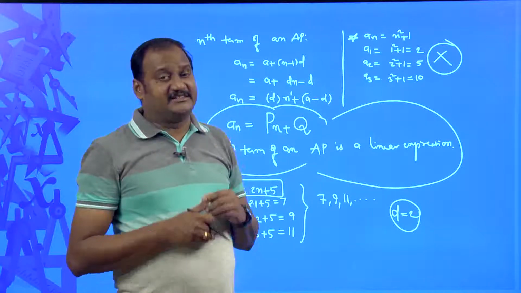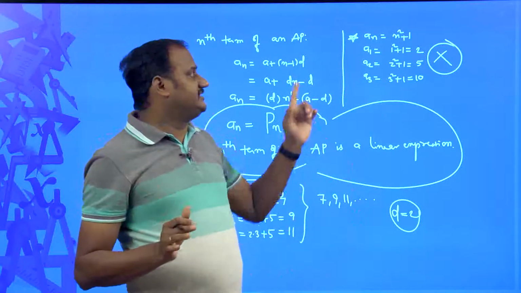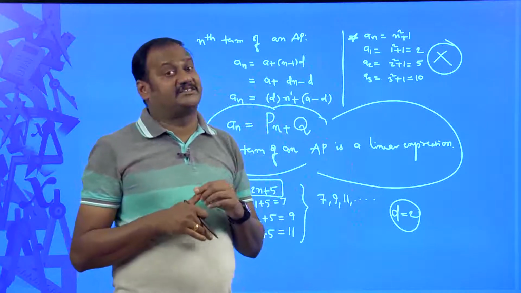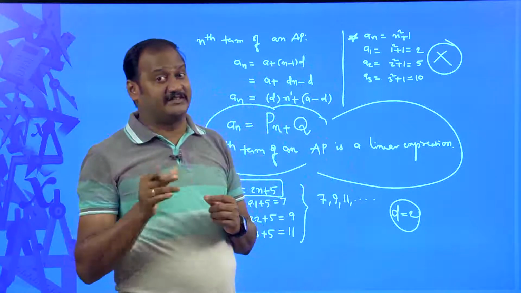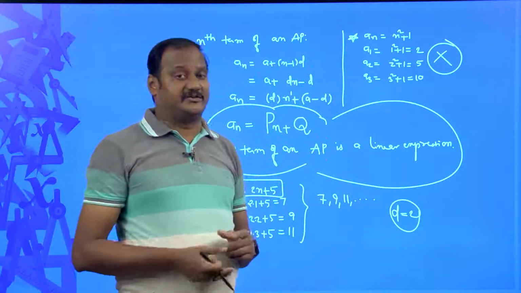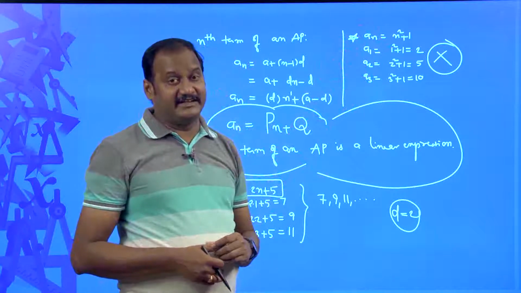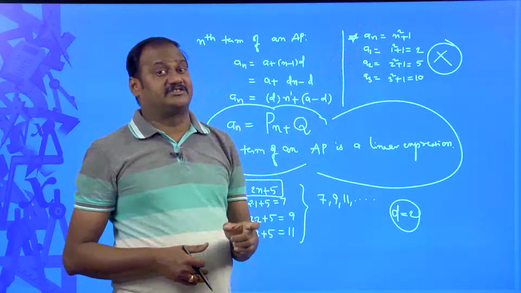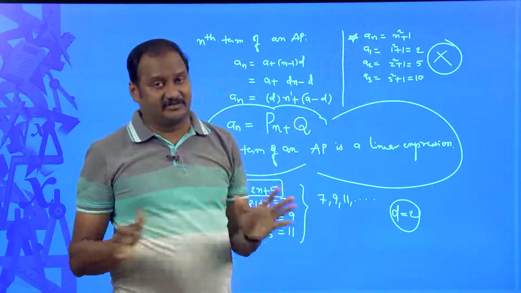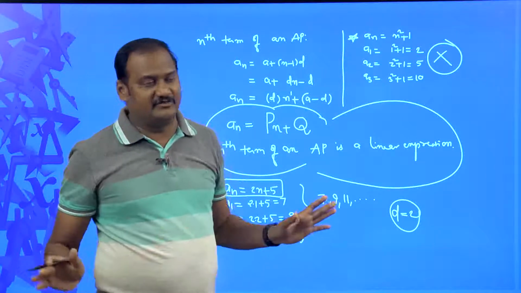But instead of doing all this, we can easily check just by looking at the given expression: if it is a linear expression, then it will form an arithmetic progression, otherwise it will not.